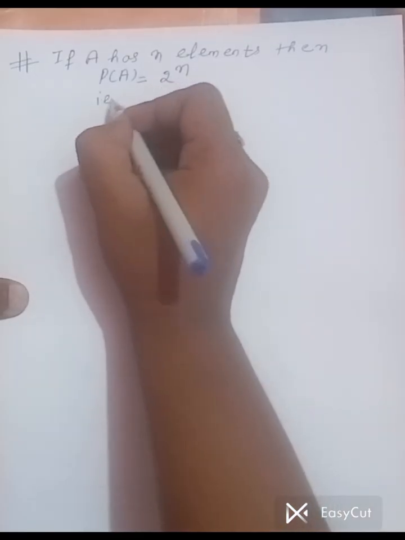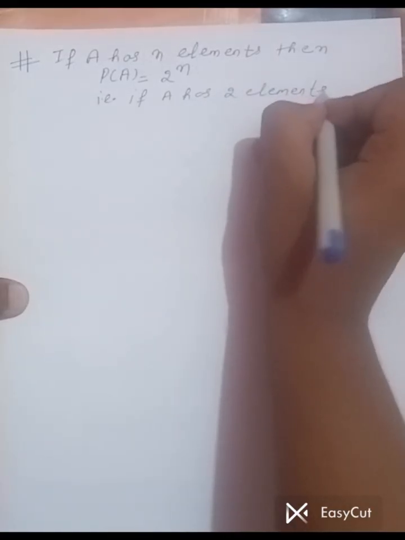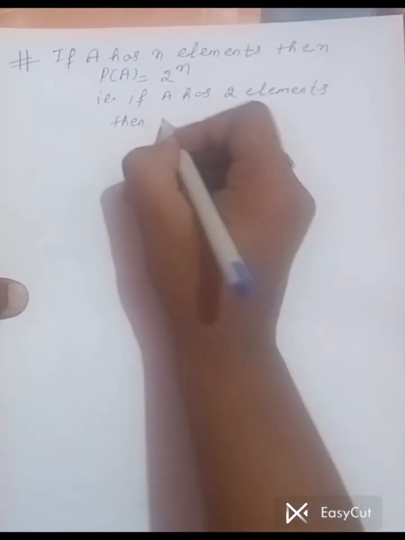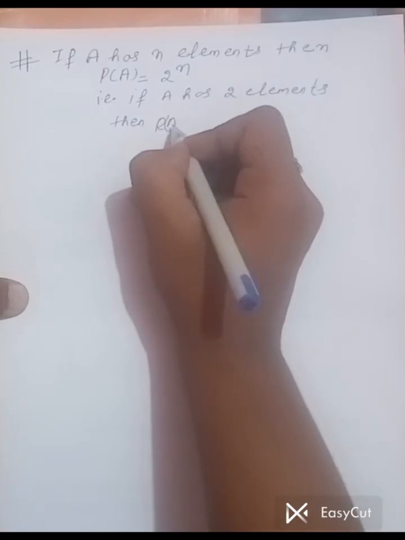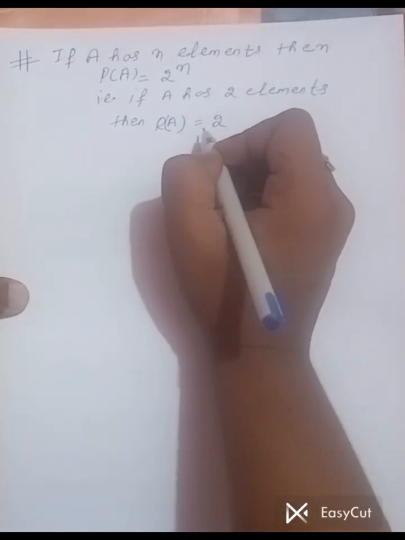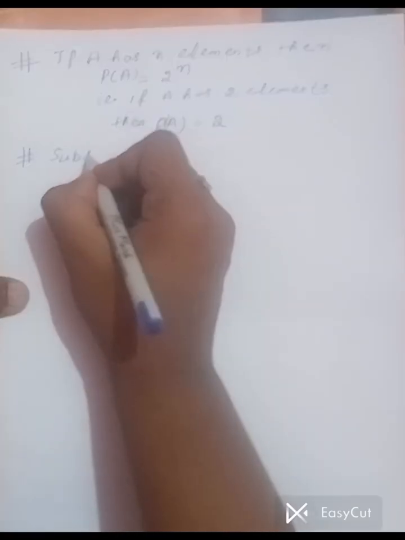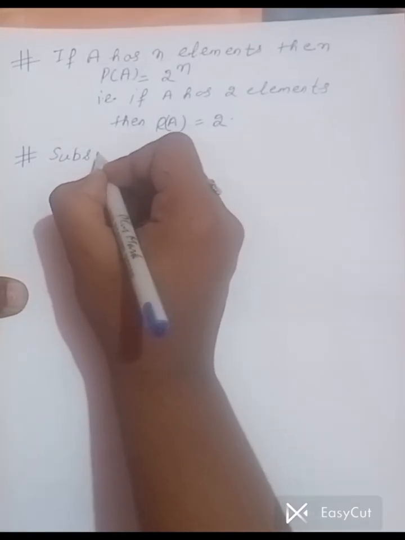That is, if A has 2 elements, then the power set of A will always have 2 squared, that is 4, elements. Now we will define subsets so that you can relate with this.